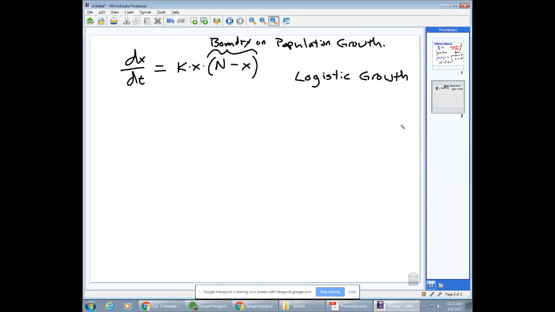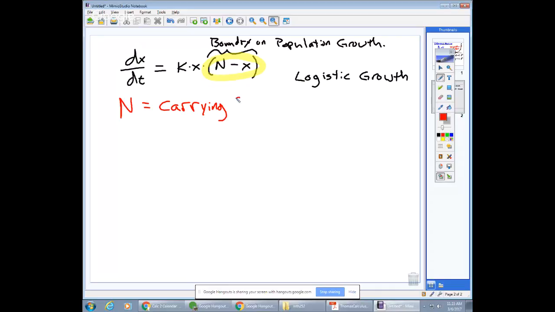So this part right here, you think about what this part of the equation does. N is what we call the carrying capacity, and so it is the maximum sustainable population. Now we have to have some kind of guess at that, okay?